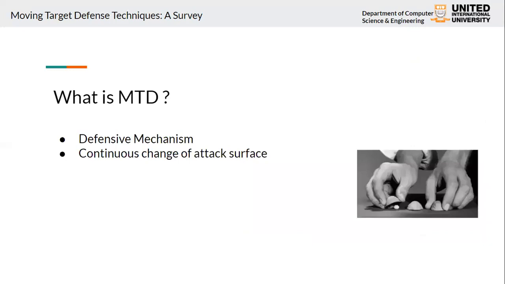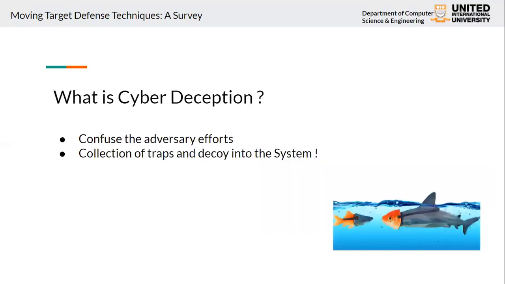So from the networking point of view, MTD is a defensive mechanism that continuously changes the attack surface to thwart cyber attacks. And then our next terminology is cyber deception.